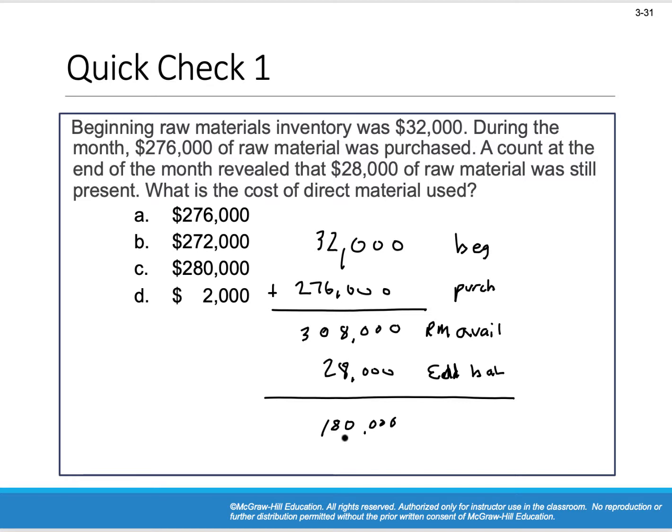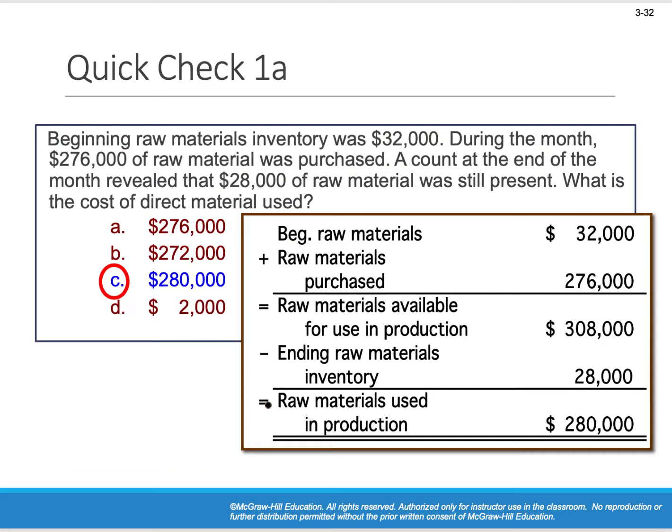If my math's right, looks like we used 180,000. Actually, no, sorry, 280,000 in raw materials used in production. So our answer, hopefully, is C. Let's see if we're right. Yep, sure is.